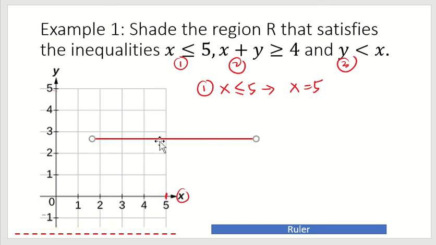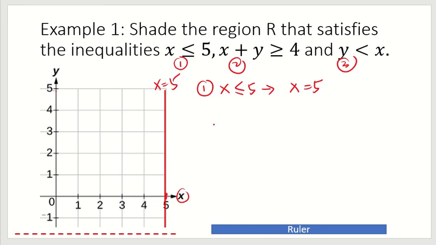You must draw a vertical line here, cutting through the x-axis at 5. Now we draw the line first, x equal to 5. Where is solid? Because it's less or equal.